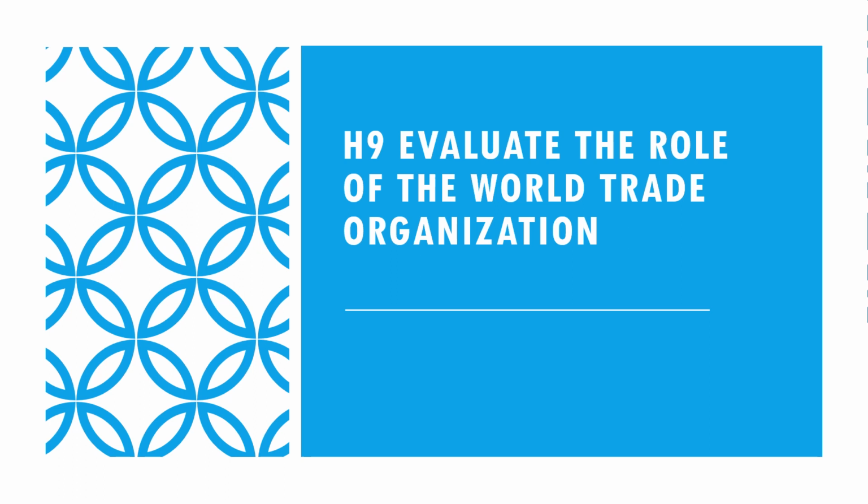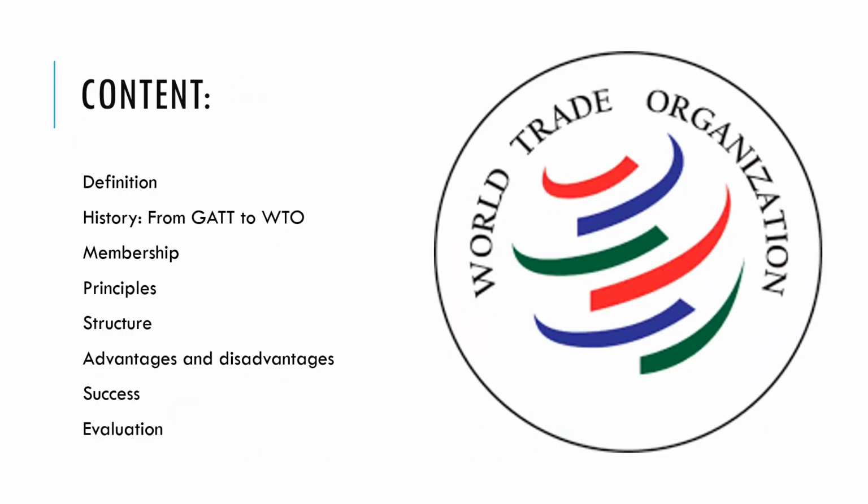Now, the third structure of the Bretton Woods system, directly or indirectly, was the World Trade Organization. First and foremost, the World Trade Organization did not have a similar name when the Bretton Woods system was established.